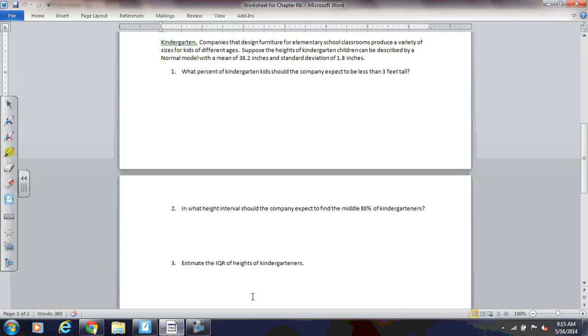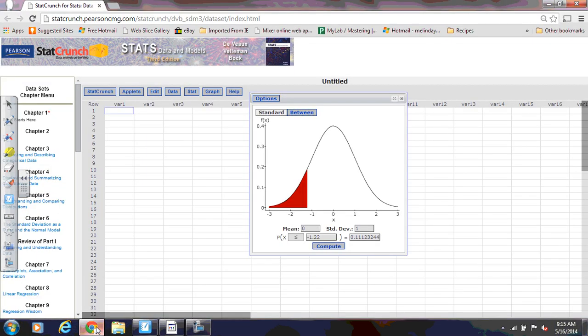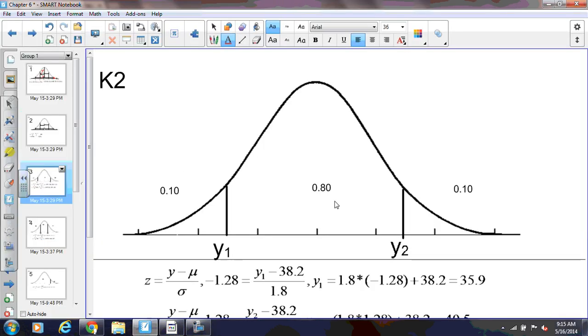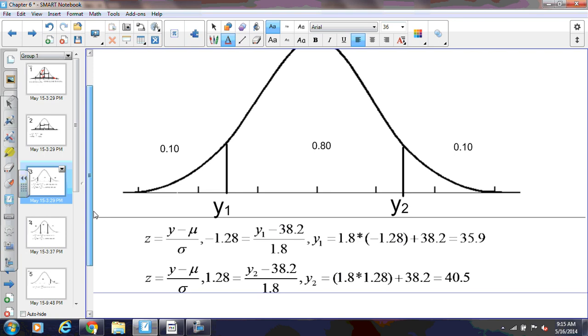All right, so next question asks, in what height intervals should the company expect to find the middle 80% of kindergartners? So here we're looking for the two values, y1 and y2, at which 80% of the data is contained between them.